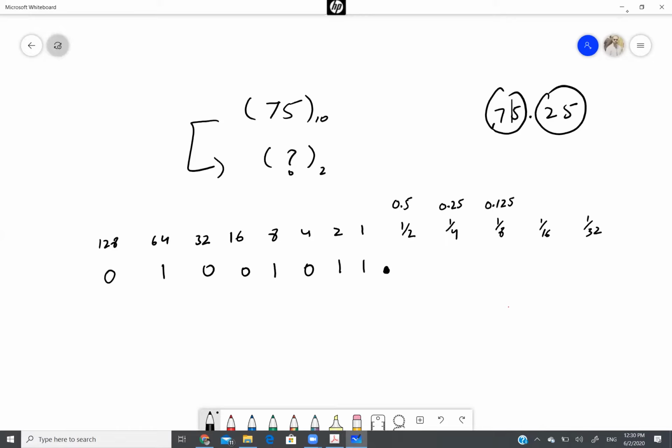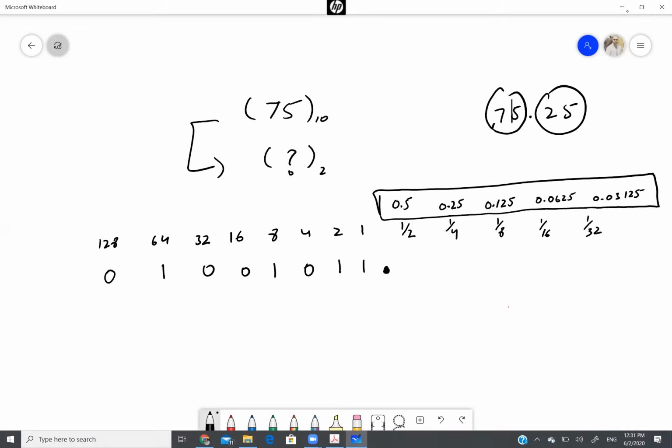This will be 0.0625, and this will be 0.03125. It's really cool and important. It's best if you can remember this, and you have to remember up to this level. That's it for our syllabus.